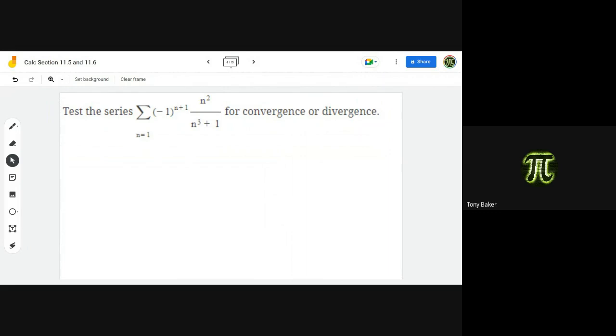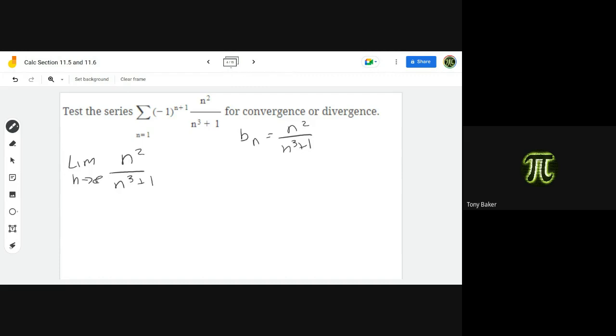Yes. So, let's try the alternating series test. Once it's alternating, you could say, okay, what is Bn? That's n squared over n to the third plus 1. So what does the limit as n goes to infinity of n squared over n to the third plus 1 equal?